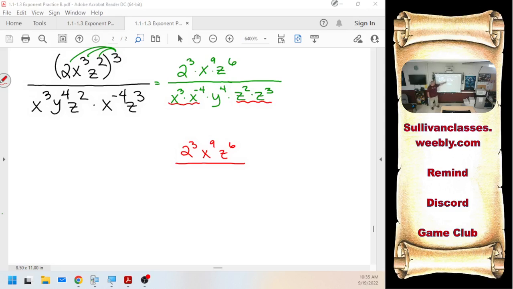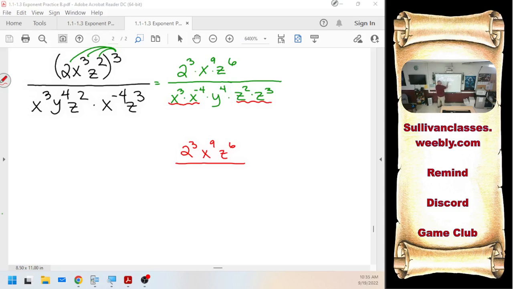Downstairs, what do I do with an exponent times an exponent? Who even has their rules out? Exponent times exponent, I add them. Exponent divided by exponent, I subtract.